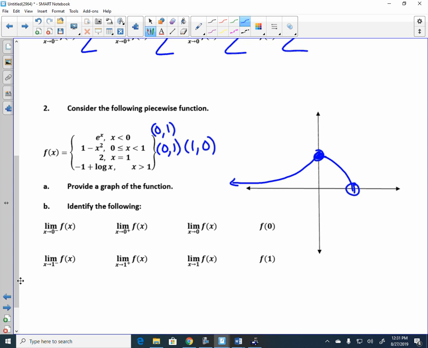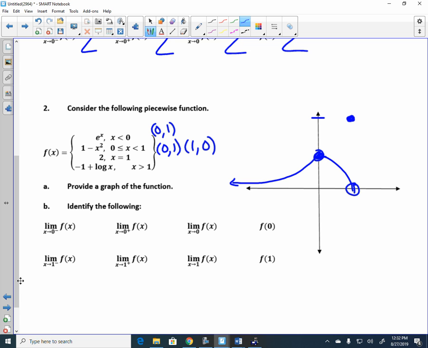What is the next one? Yep. It's a point, 1, 2. -1 plus logarithm of x. So log of x goes through what point? We all have to know this. e to the x goes through what point? 0, 1.